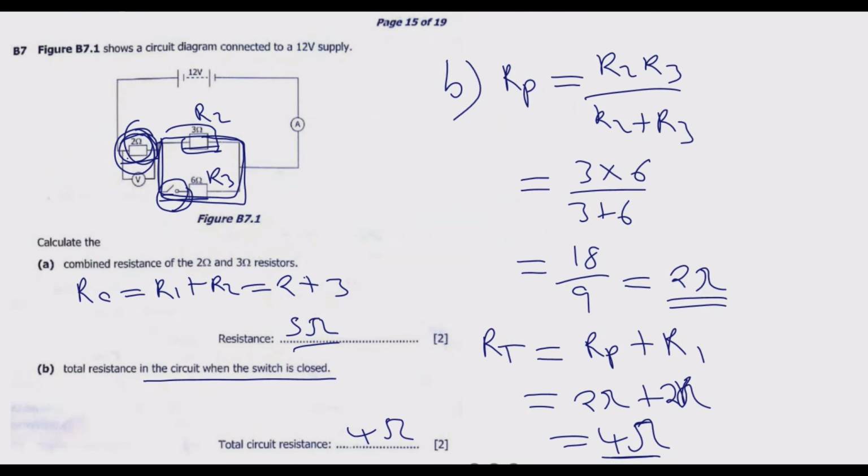The potential difference. Calculate the potential difference across the 2 ohm resistor. So we are talking about across this resistor. We know that the potential difference V is given by current times resistor.